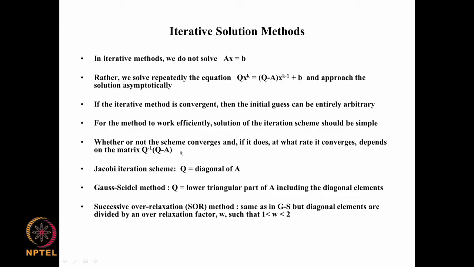We will see these things later on. It is very possible that you have done the two basic iterative methods which are known as the Jacobi iteration scheme and the Gauss-Seidel iterative method.